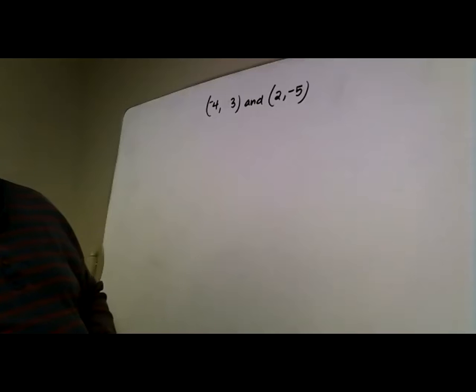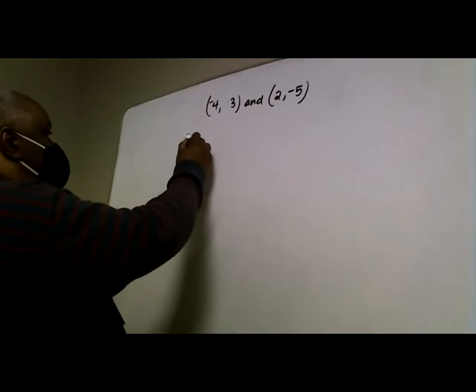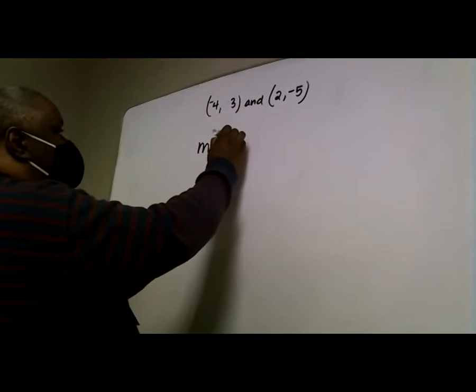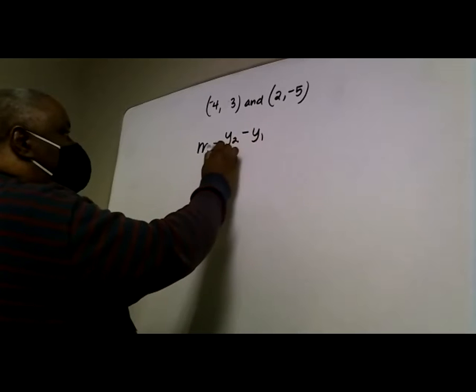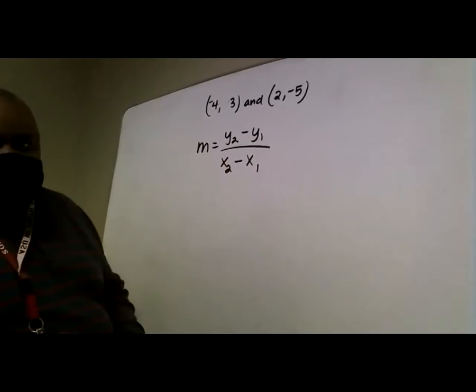Here we're going to use that slope formula. And that's m. That represents the slope. That's y2 minus y1 divided by x2 minus x1.